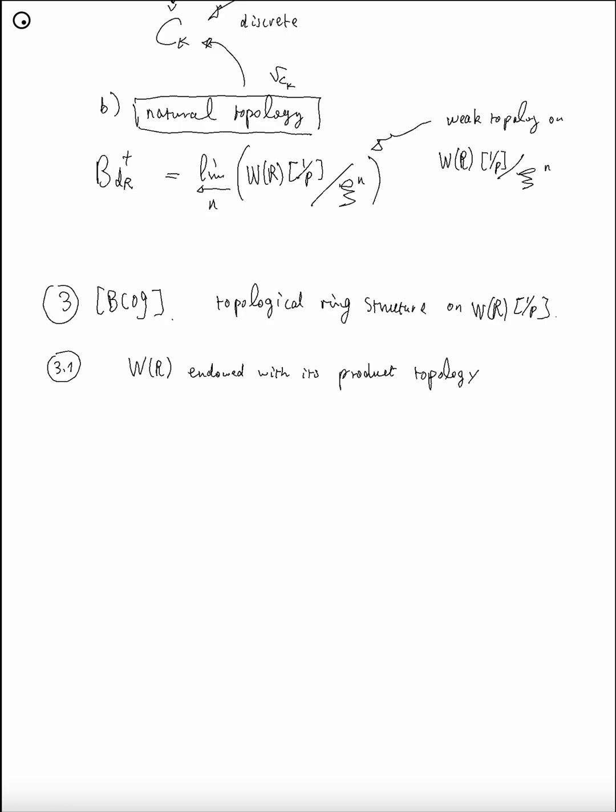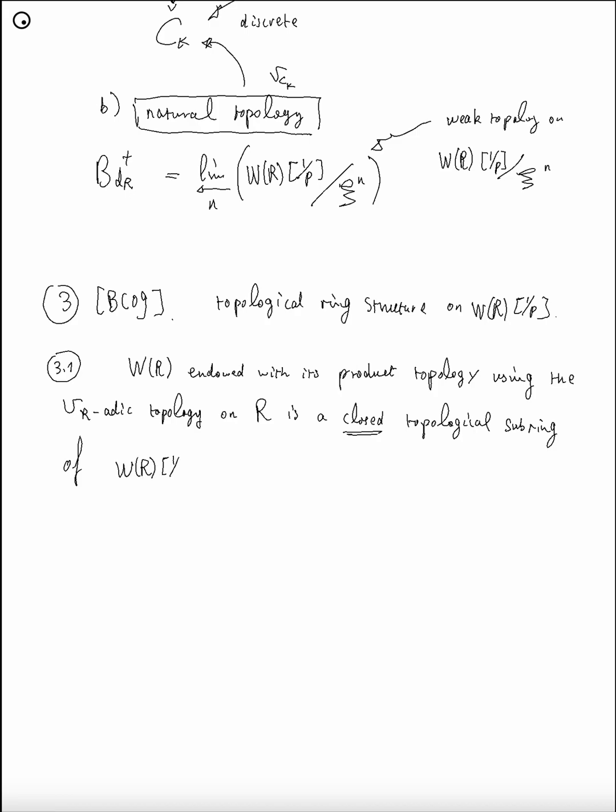So the product topology is also the weak topology using the p-adic topology on R, is a closed topological subring of W(R) over P. In particular, this should be complete for that topology.